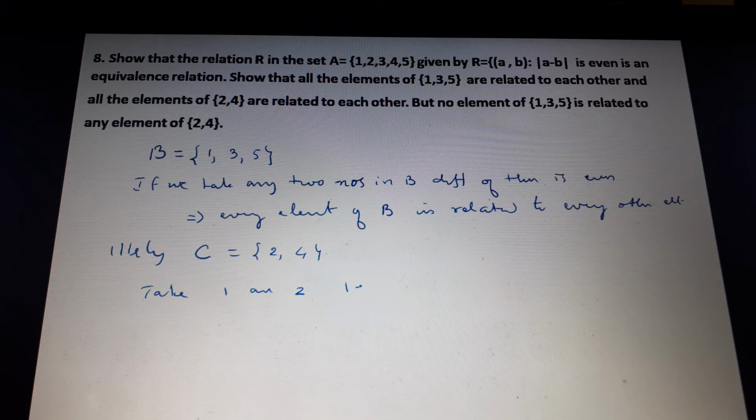So 1 minus 2, the mod is not even. This implies 1 is not related to 2. Similarly all other elements.